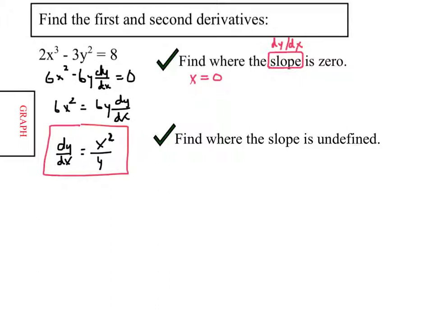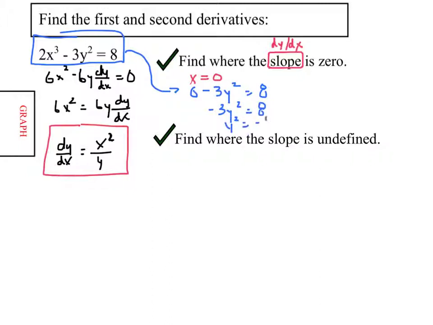Okay. Now, let me go back to the original function. And let me assume that x is 0. Let me plug in 0. So I get 0 minus 3y squared equals 8. So negative 3y squared equals 8. So y squared is equal to negative 8/3.